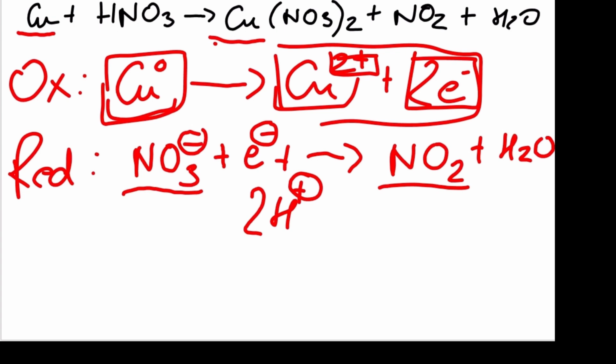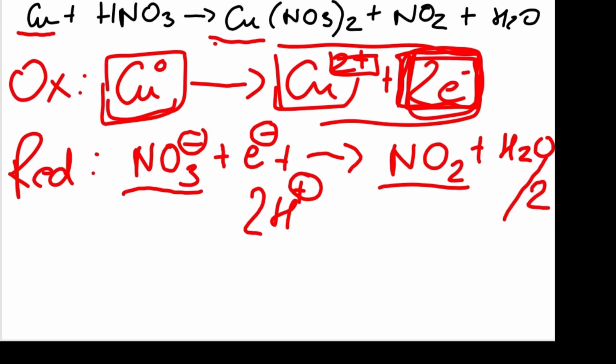Okay, what is the next step? In the next step, we need to balance the whole reaction. We need to balance the number of electrons. In the oxidation reaction, we have on the right side 2 electrons. So these 2 electrons need to be consumed in the reduction reaction, so we need to multiply this reduction reaction by 2.